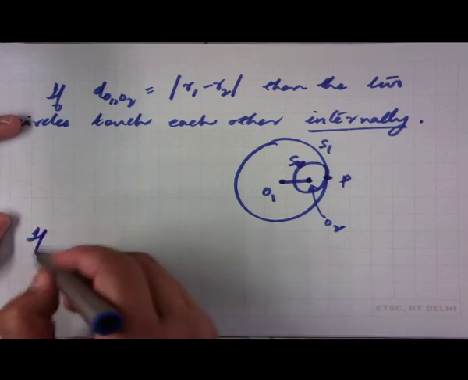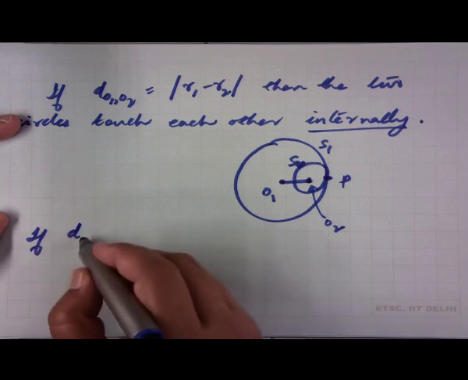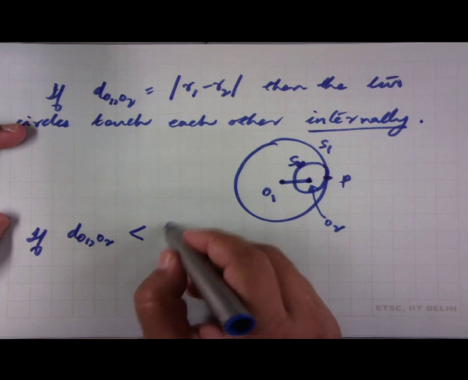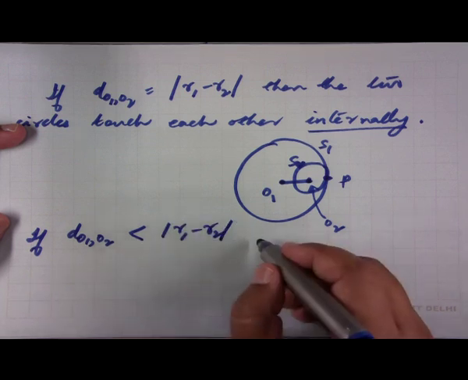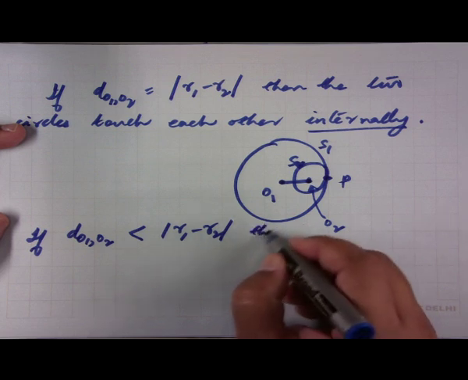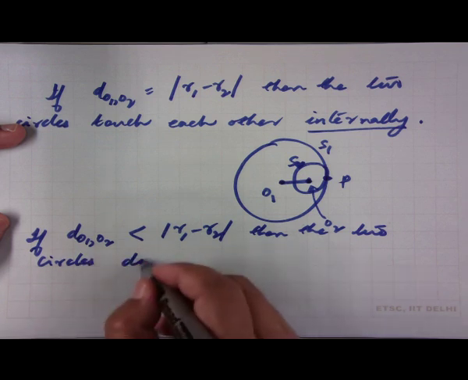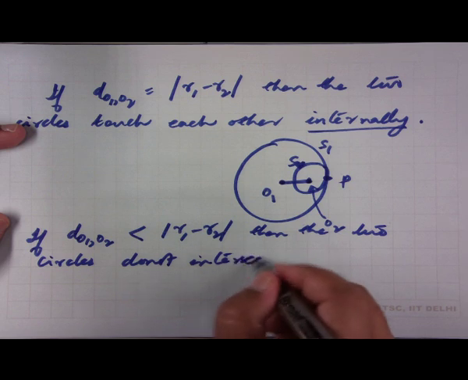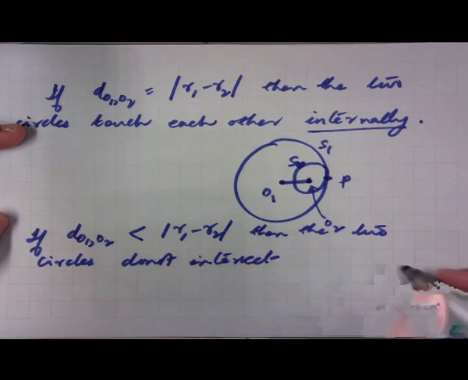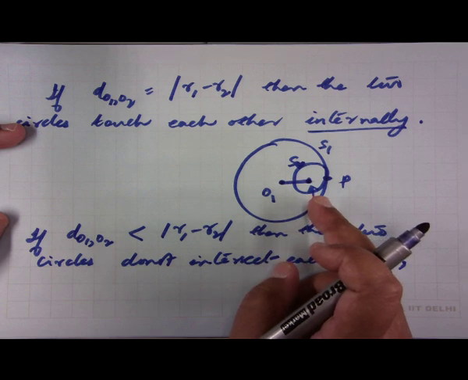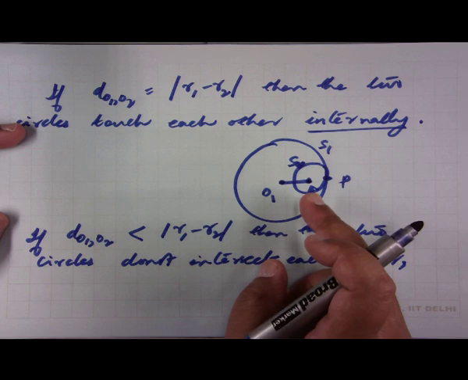And then of course, we also discussed the last case where the distance between the centers is strictly less than the absolute difference between the radii, in which case again the two circles do not intersect, and further one of the circles is going to be completely inside the other circle.